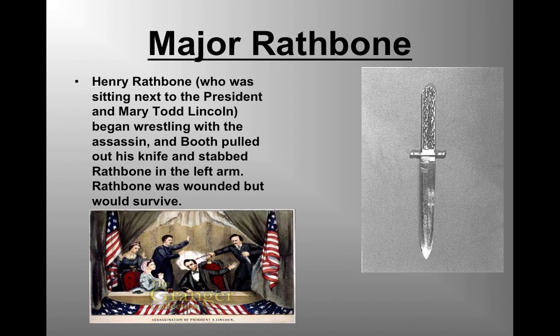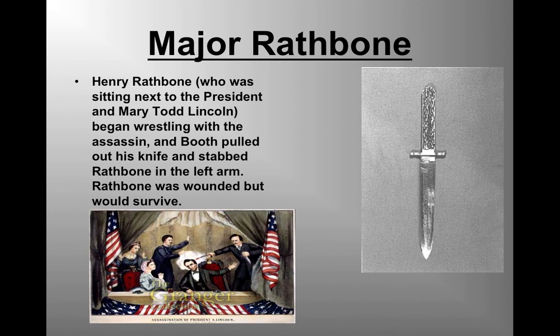As soon as he shoots Lincoln, Henry Rathbone, the man that Lincoln was sitting next to, one of his guests, one of these Union generals, gets up and starts wrestling with John Wilkes Booth. It's pretty clear that Booth just shot the President of the United States, and that Rathbone is going to try to stop him.